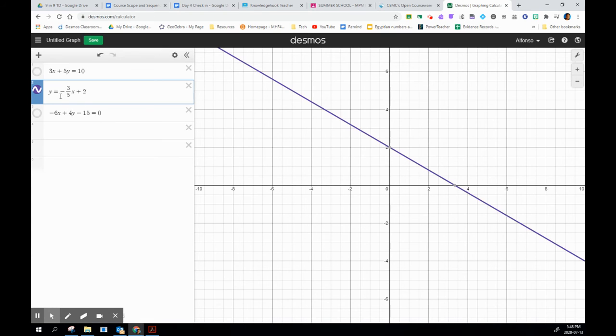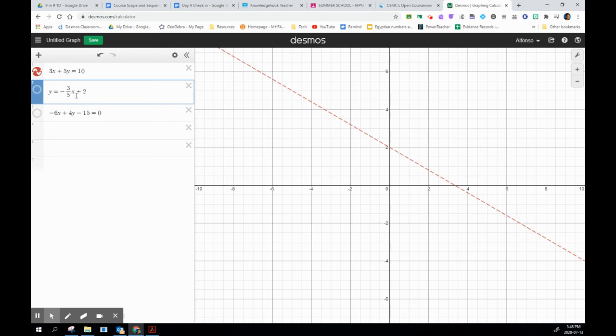And I know that this is correct because it overlaps the first one. Take a look. I'm going to make this equation dotted so I can see how my second equation shows on top of it. So these two equations really represent the same line.